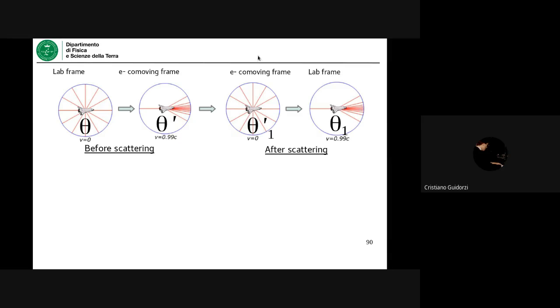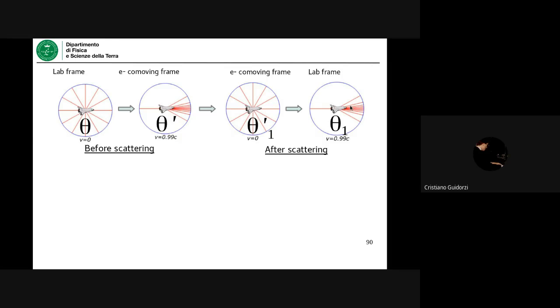So now let's have a look at the initial situation here in the lab frame and the final situation here in the lab frame. You have all photons going to the electron, scattering off the electron, coming from all directions, and most of them will be upscattered within the cone of relativistic beaming.